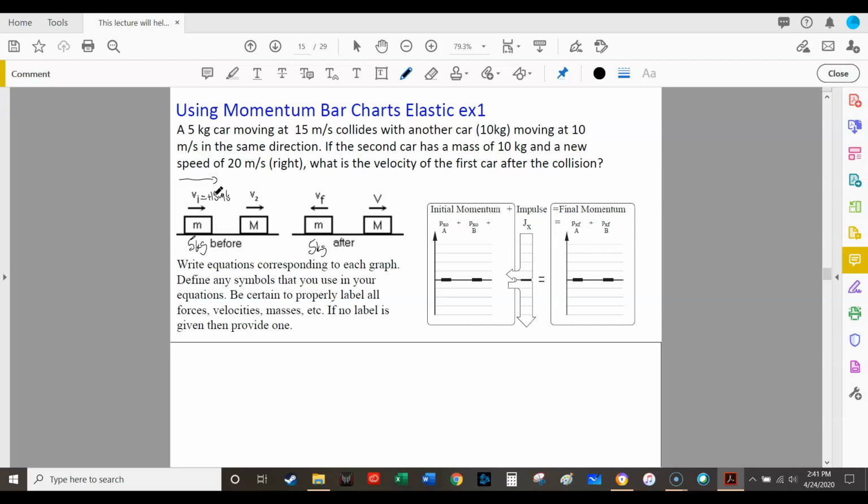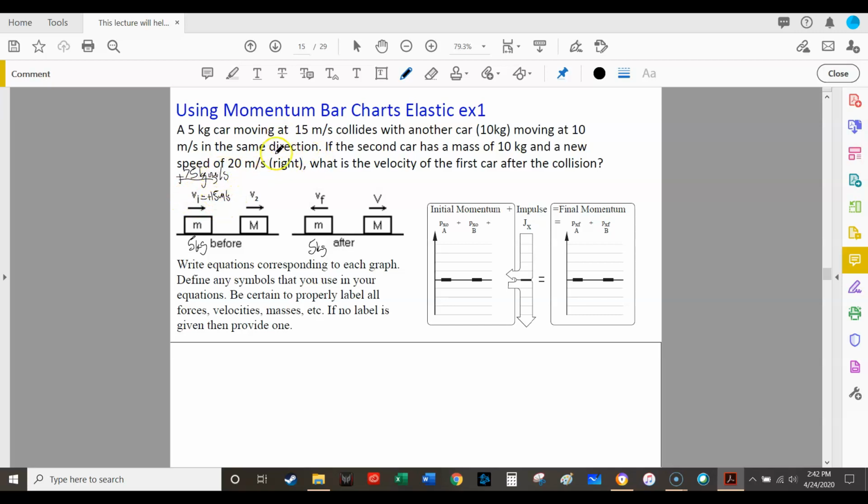So 4 of those is going to be 60, and 5 is going to be 75 kilogram meters per second. So this is 75 kilogram meters per second, and I got that from 5 kilograms times 15 meters per second. 30, 60, yep, 75. All right.